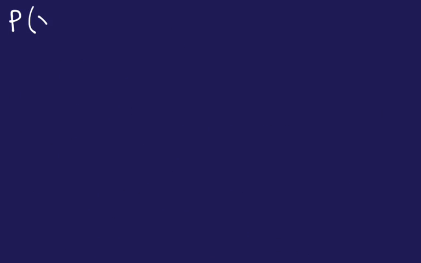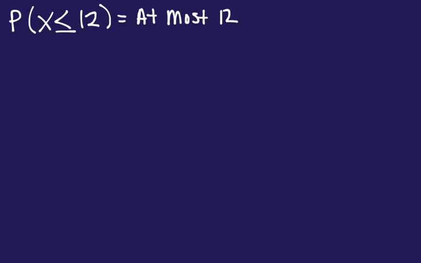Okay, part B asks us about at most 12 apples. The question says, find the probability that there will be no more than a dozen cider apples. That would be at most 12. We've already determined that it's binomial, so we just write it out like this.